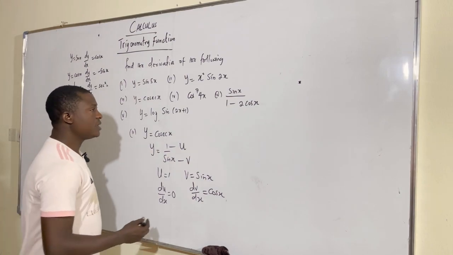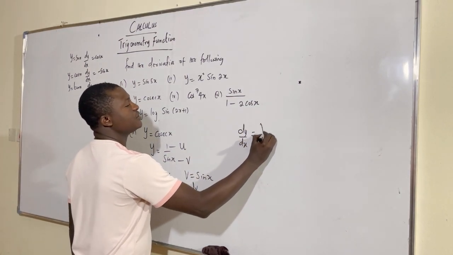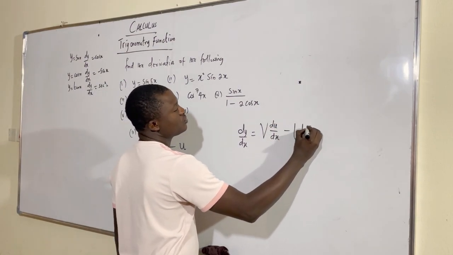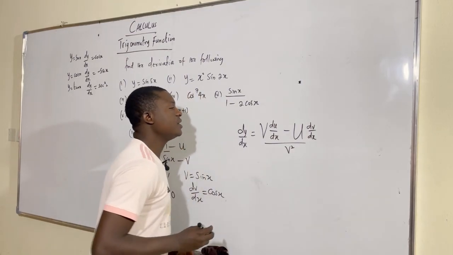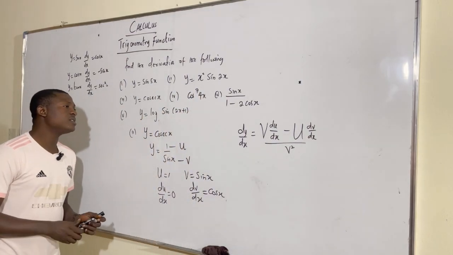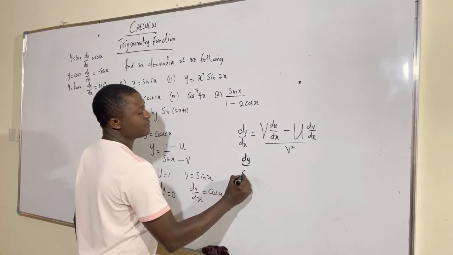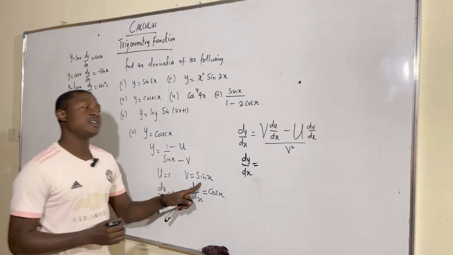So now let's use the normal method. dy dx is equal to v du dx minus u dv dx, all divided by v squared. So now let's input the values one after the other. dy dx is equal to v. You can see from here our v is sine x.